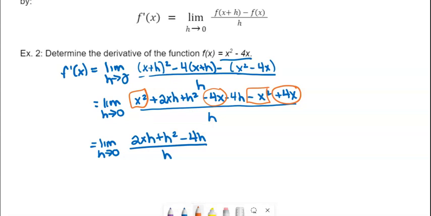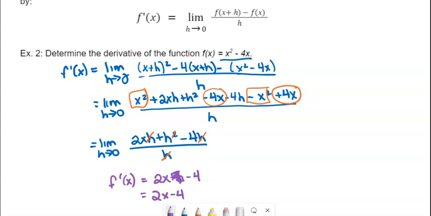And now I see I've got an h in every term, so I can cancel that out. So my derivative is 2x plus h minus 4, and h goes to 0, so it's really just 2x minus 4. Okay, and as you do this, you should be seeing that this is following a pattern every time.